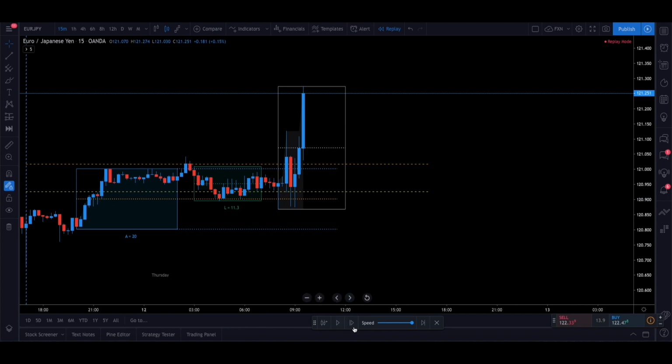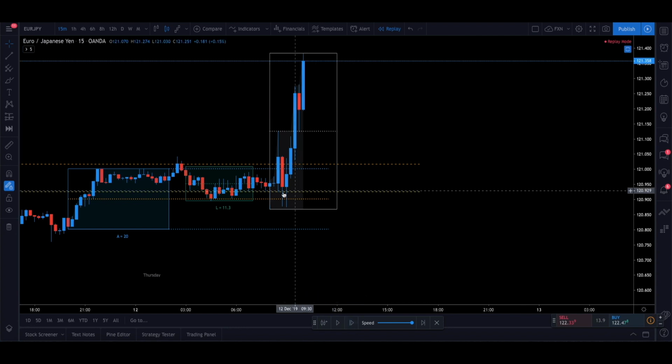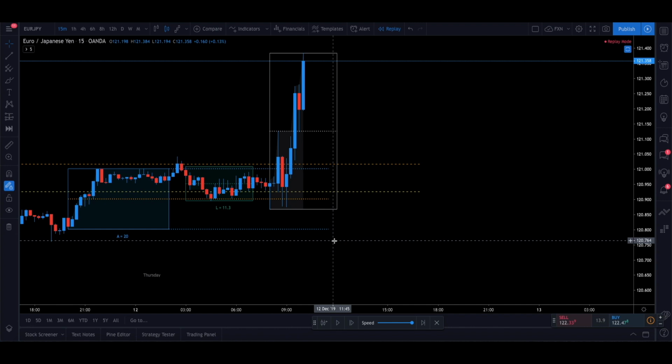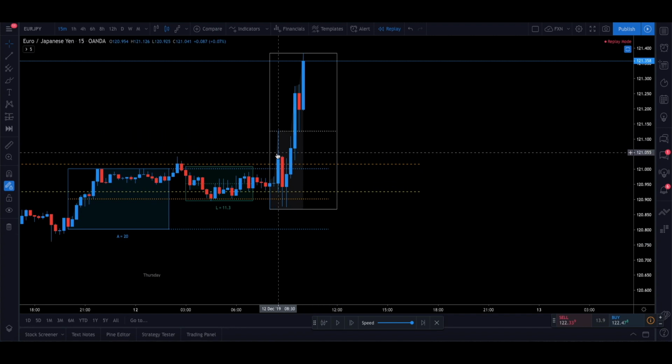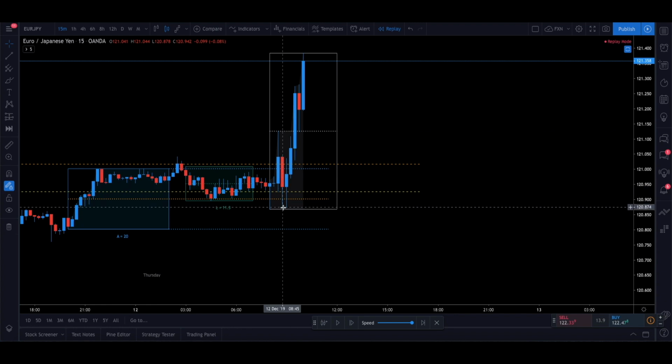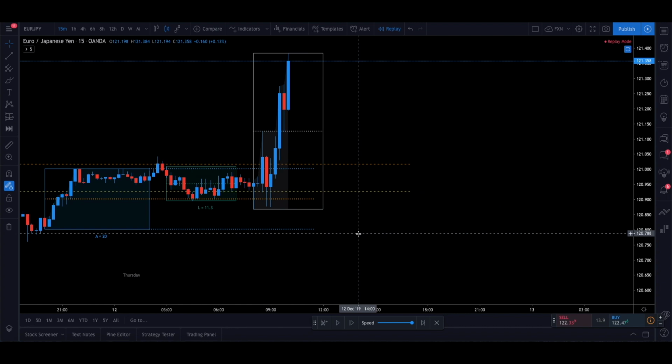So don't be scared of these kinds of candles. Wait for the candle to close before you make any kind of trading decision. Just wait for the candle to close, because look, you're going to get these wicks here that are meant to scare you, that are meant to try to take you out of trades.